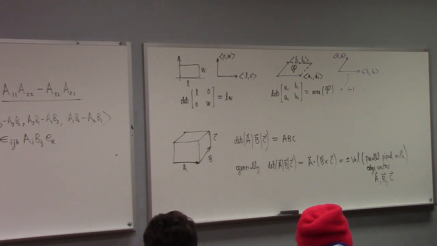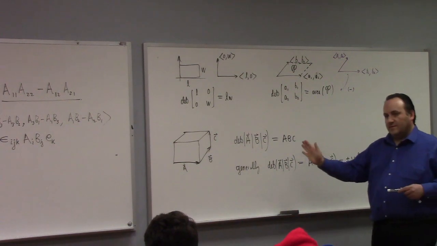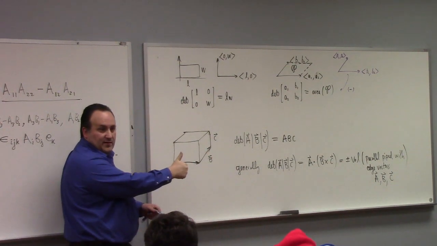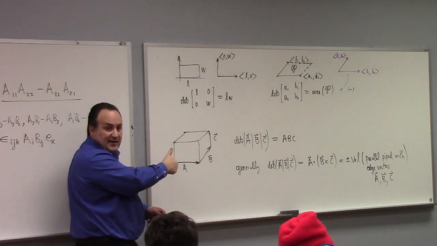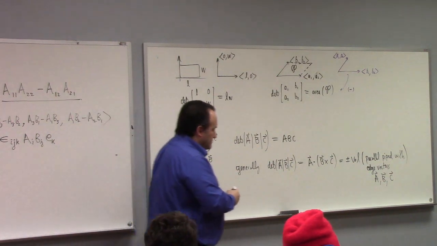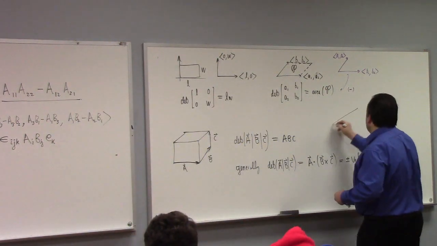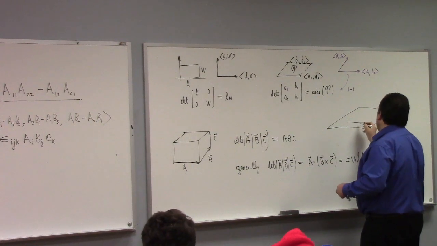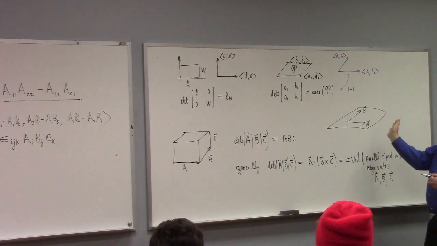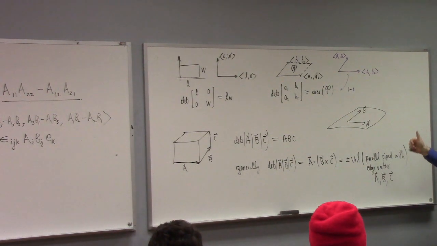And when does it give you plus, when does it give you minus? Well, here's the deal. If A crossed into B points in the same direction as C, it actually gives you the volume. If you have a situation like this, if this is A and this is B, A crossed into B is up, right?